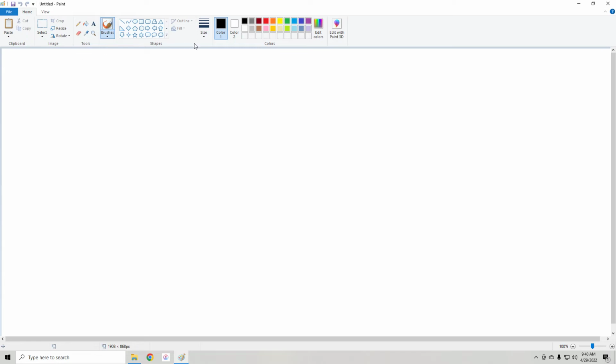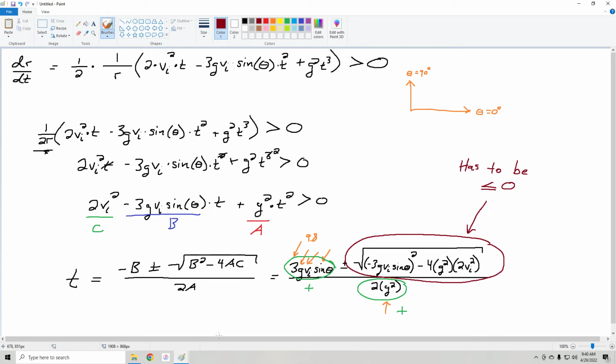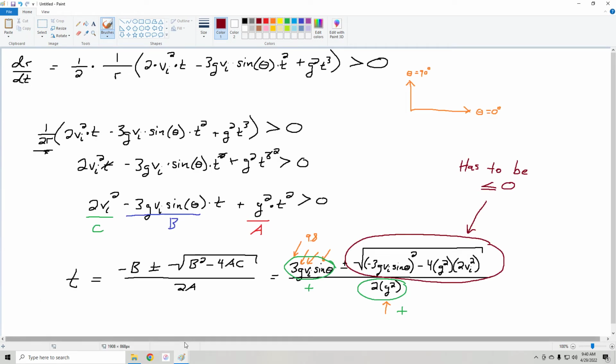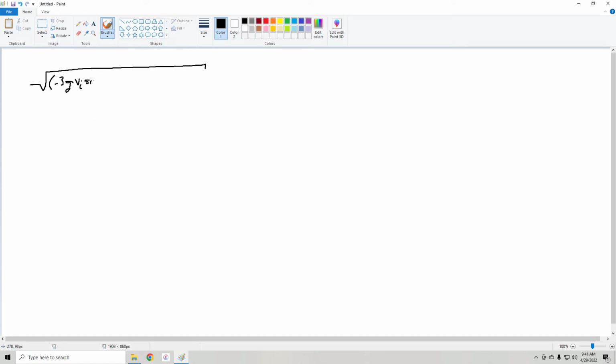So if I open yet another fresh paint slide here, and I rewrite the discriminant that we had, which was the square root of minus 3g initial velocity sine theta, and this is squared, and this is subtracting 4 times g squared times 2 initial velocity squared.